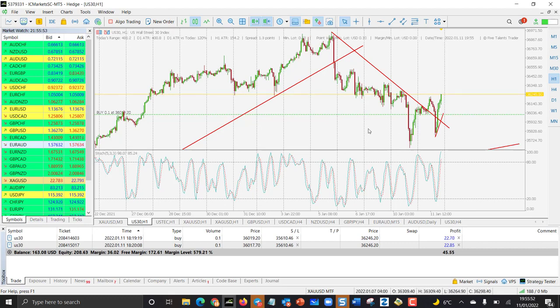It is the same case below, where the blue line is the one that comes to break the orange line on the downside. So you just wait for the blue line to do the magic and cross the other line.